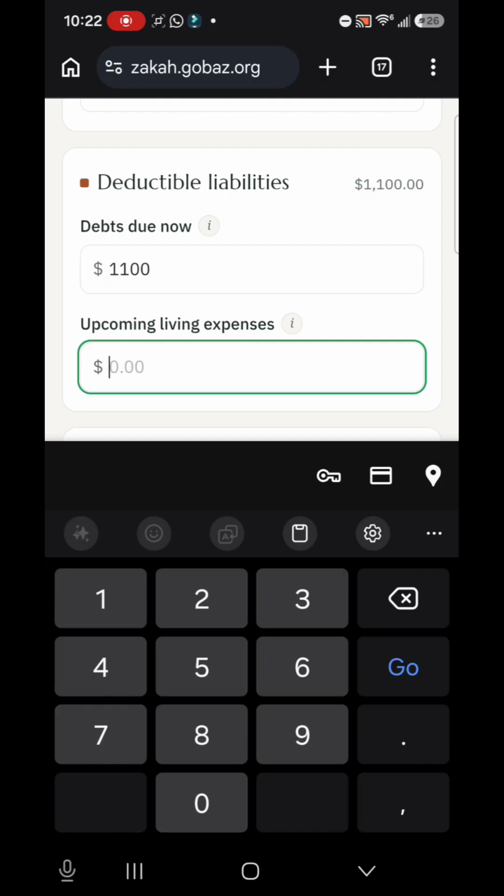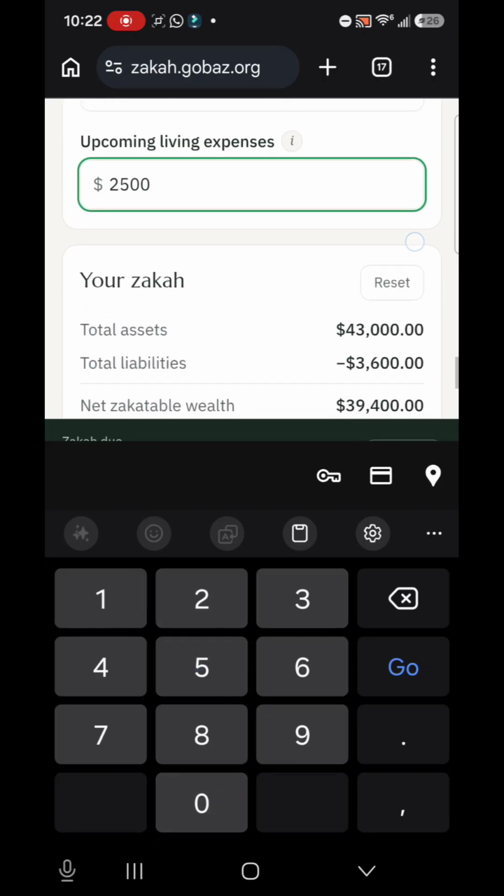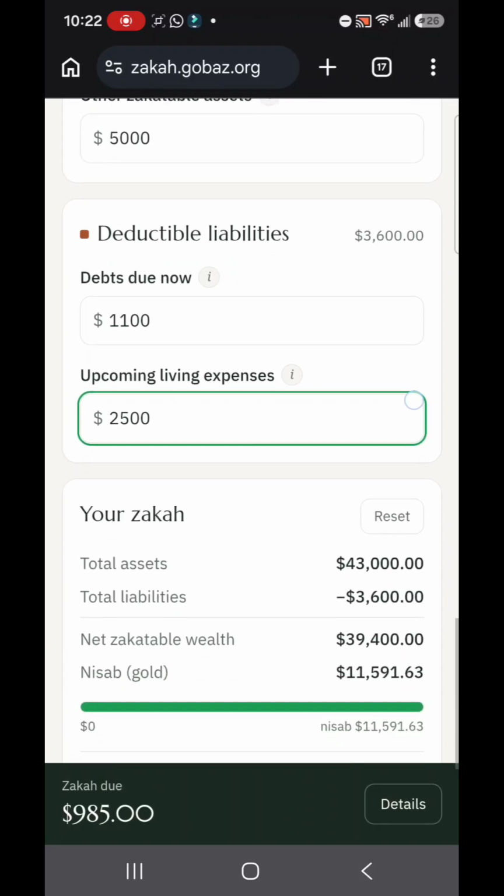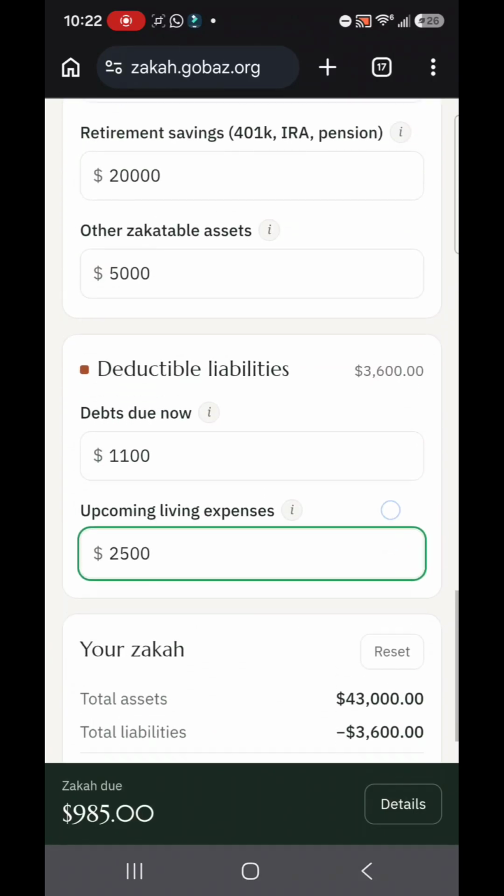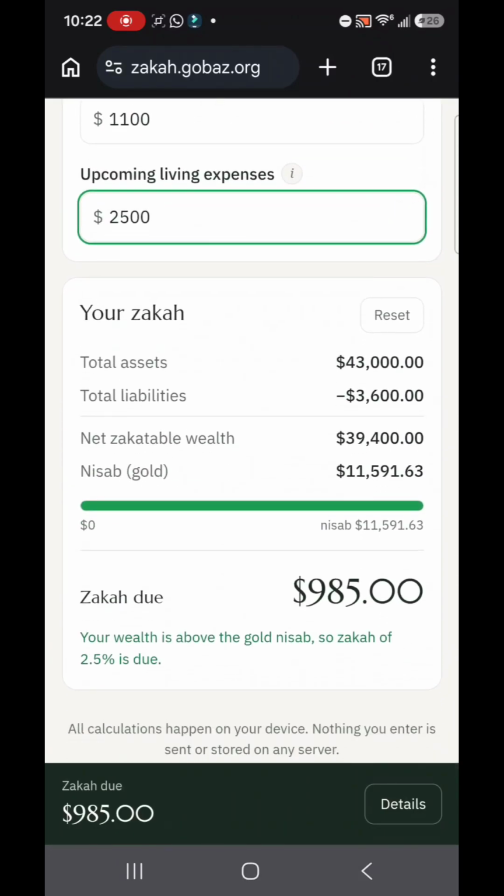Upcoming living expense, for example, could be your rent. Let's say you're going to pay $2,500 for rent. So in this example, you have a total asset worth $43,000, total liabilities $3,600, net zakatable wealth $39,400.